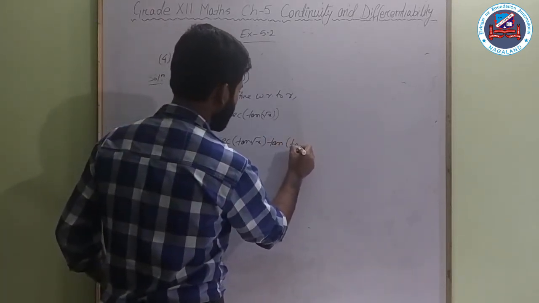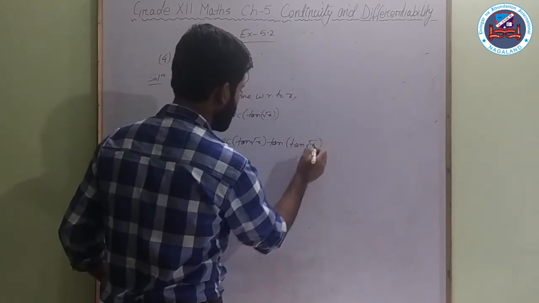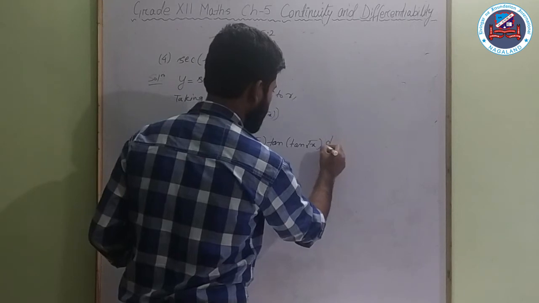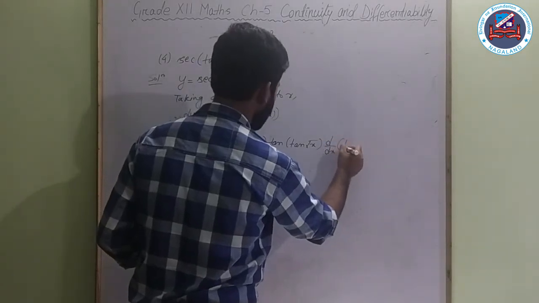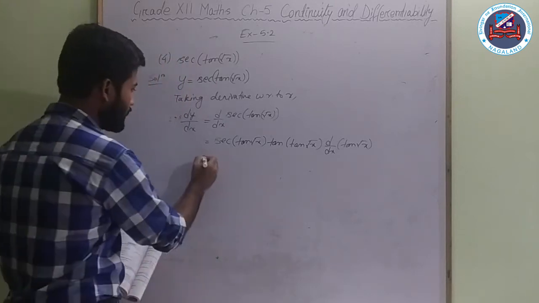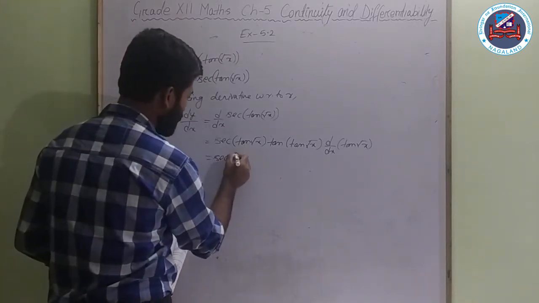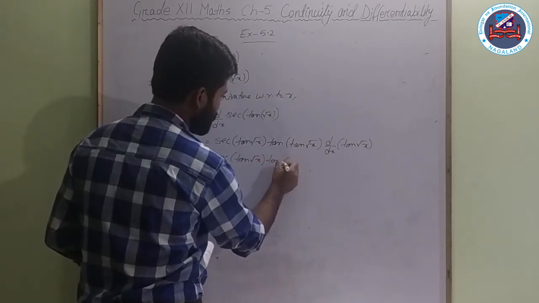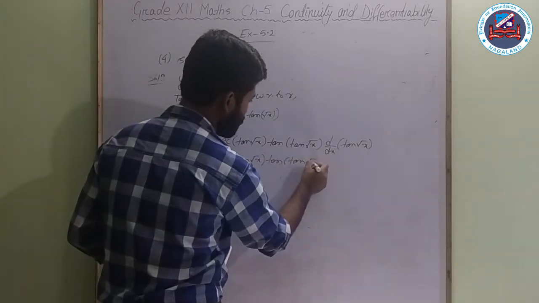So in place of x, you can write tan of root x. Now, is this x? No, this is not x. So just write d/dx of tan root x. Fine. In the next line, we have sec tan root x, tan of tan root x.